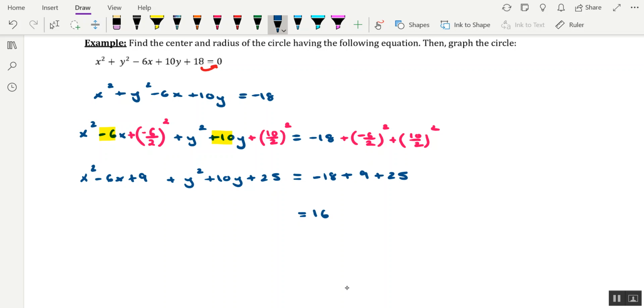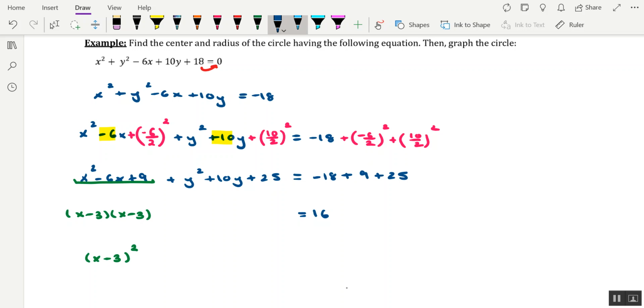Now the reason for adding half of these coefficients squared is because we get trinomials that factor as perfect squares. For instance, x squared minus 6x plus 9, if we just focus on that expression all on its own, you could factor that as x minus 3 times x minus 3, which can be written using exponential notation, x minus 3 quantity squared.